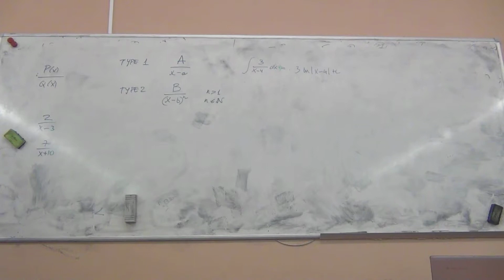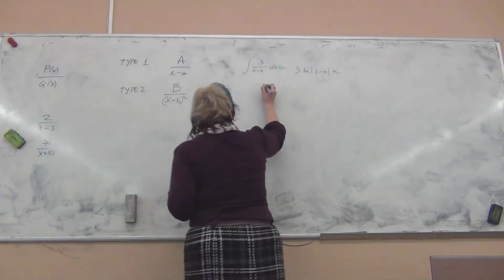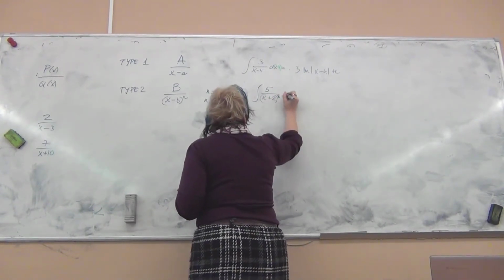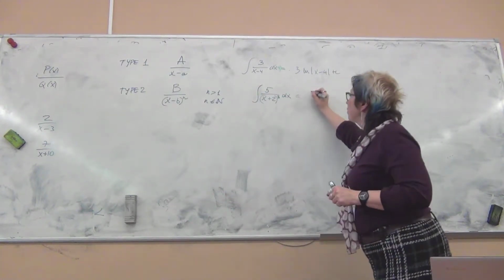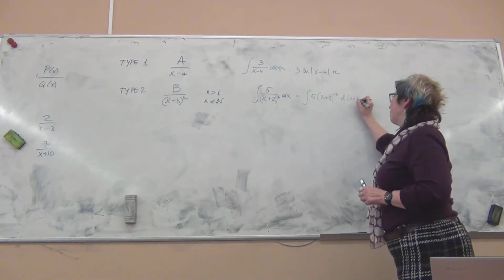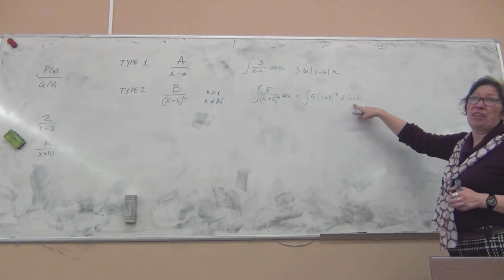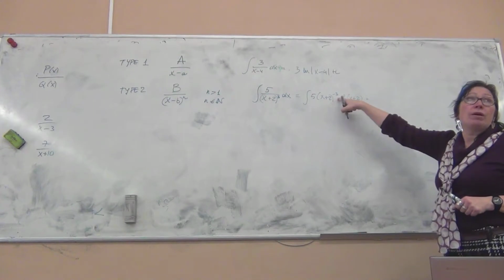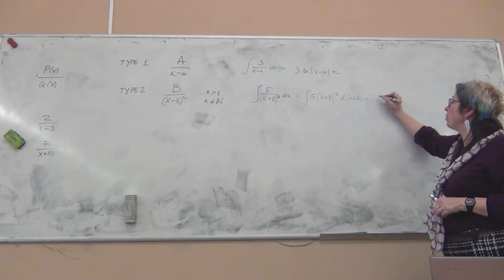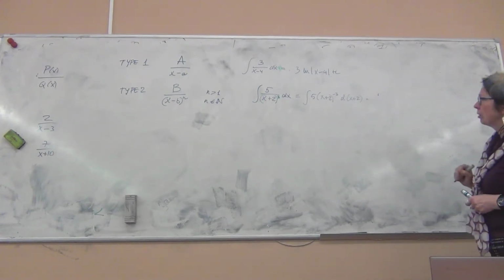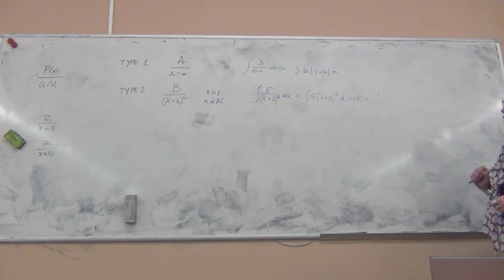So, do we know how to integrate these? For example, the integral of 5 over x plus 2, cubed, dx. This is 5 times x plus 2 to the power minus 3 dx. Again, I'm adding the number I like inside. We have to integrate power minus 3: add 1 and divide by the new exponent.